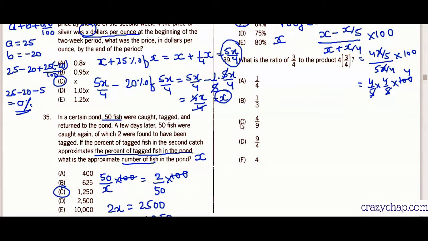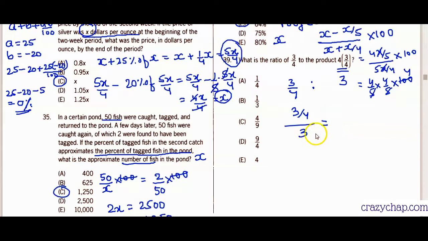Question is saying, what is the ratio of 3/4 to the product of this? So let's calculate the product of this. Product of this is nothing but just 3. And the ratio of this to the product of that. So the 3/4 ratio with 3 will be, basically, a division, divided by 3.